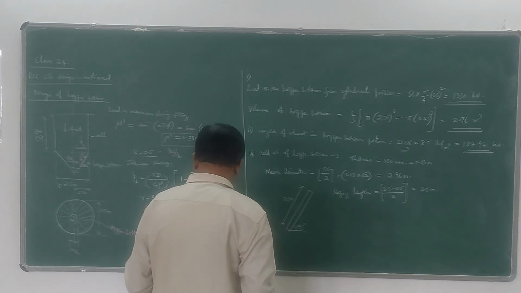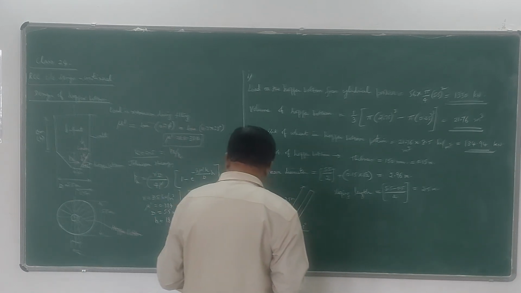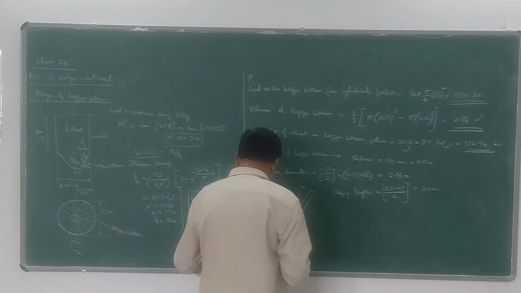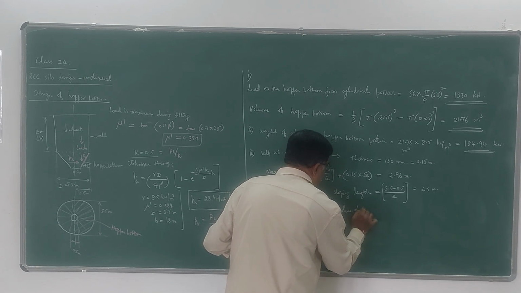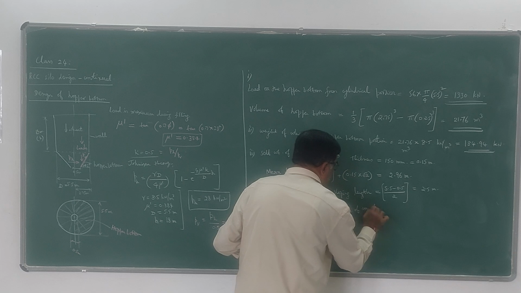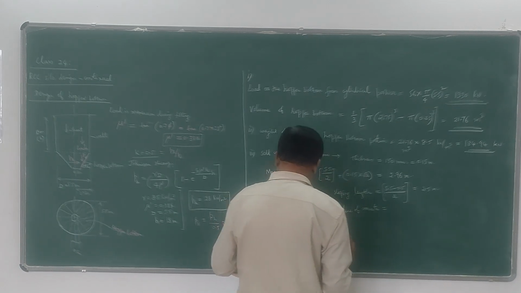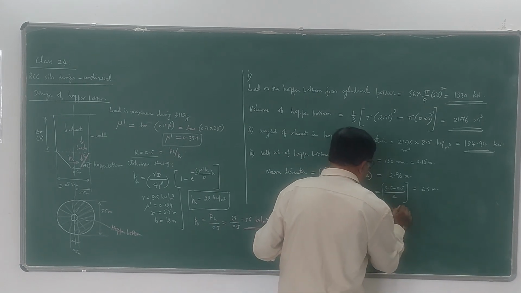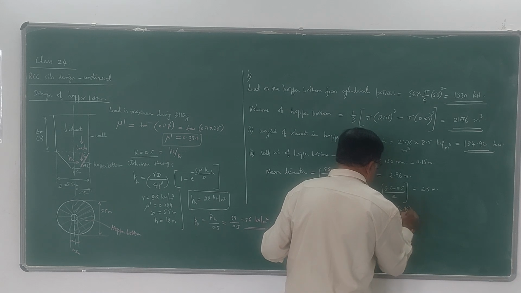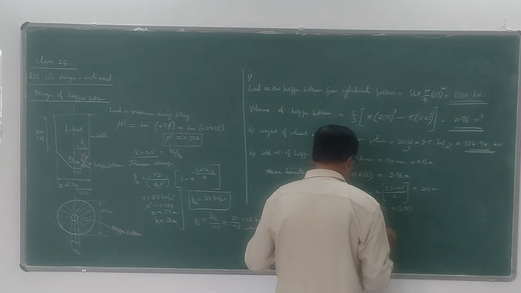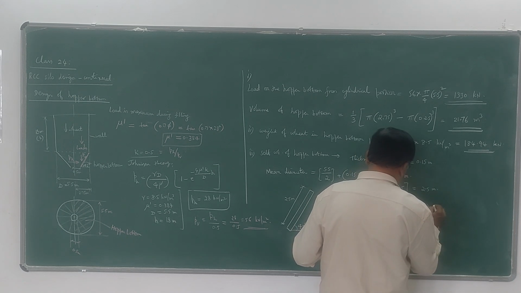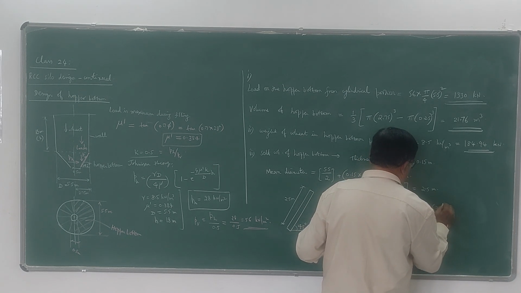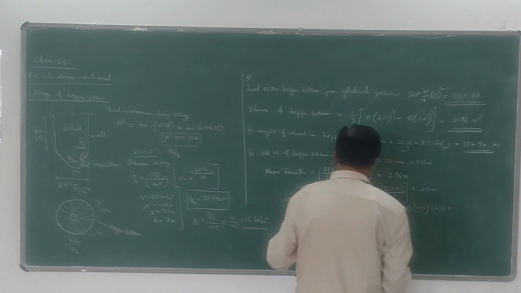Okay. Now we have to calculate the volume of concrete. Volume of concrete in that upper bottom portion is nothing but pi into the mean diameter, that is 2.96 meters, into thickness, into 2.5, which is the sloping length.